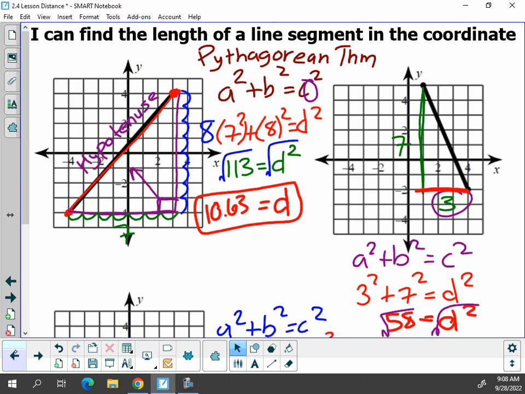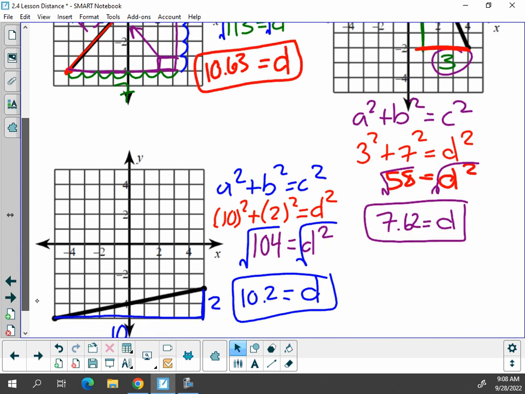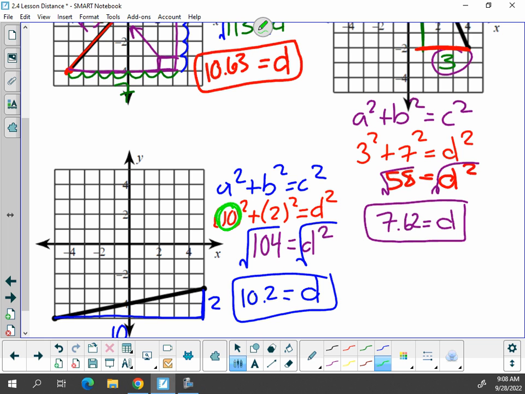So if I go back to this previous page, the number I plugged in for x, or for a, was how far apart my 2 points were in the x direction. The number I plugged in for b was how far apart they were in the y direction. And we want to know how far apart things are. We subtract them.